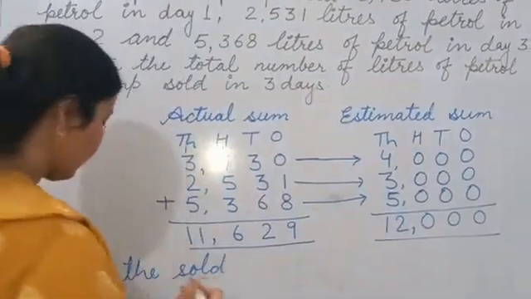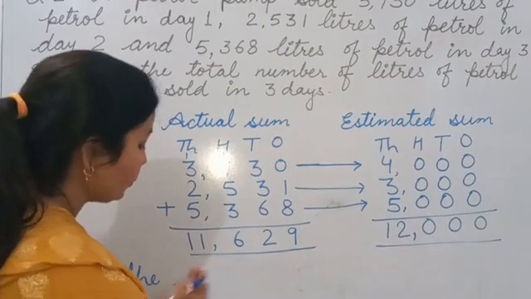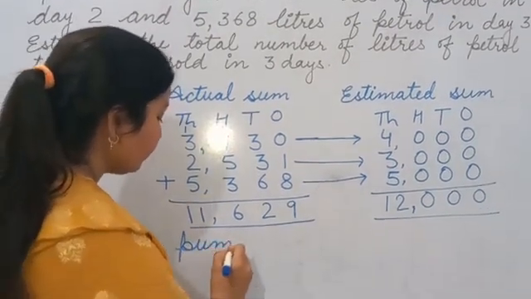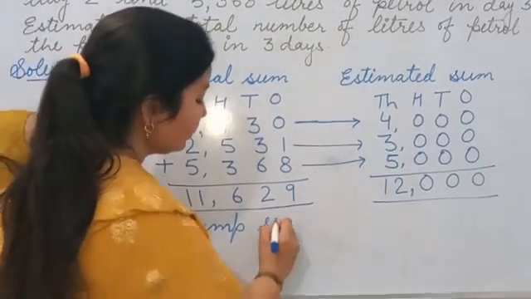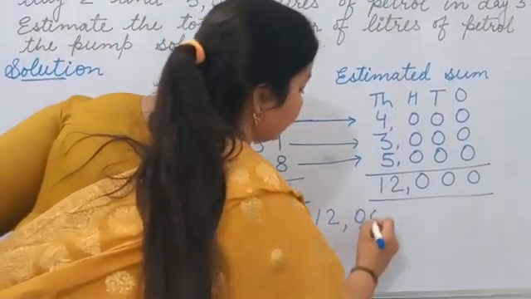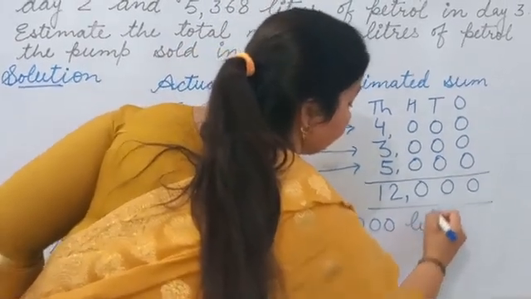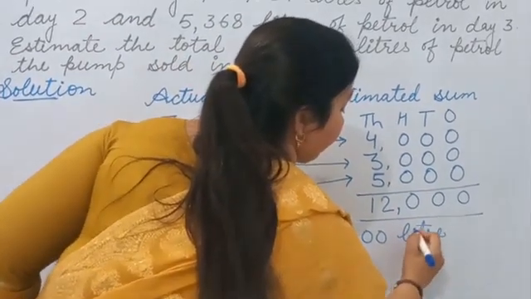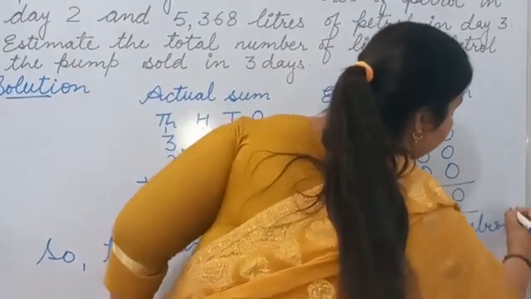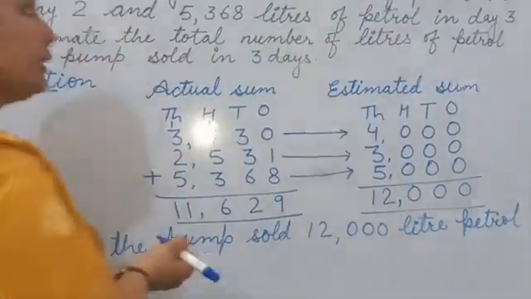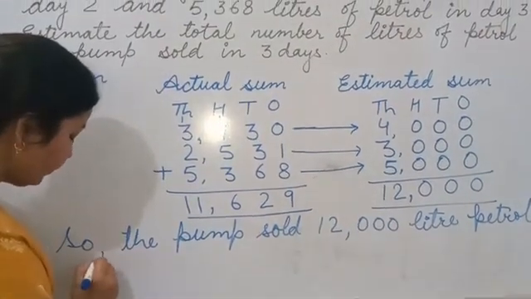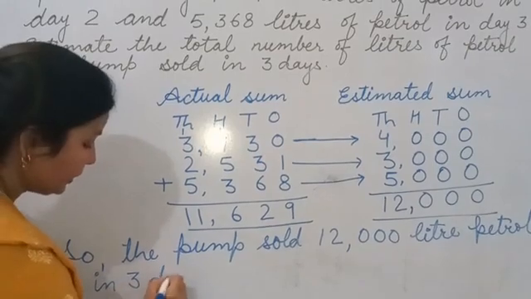So the pump sold 12,000 liters of petrol in 3 days.